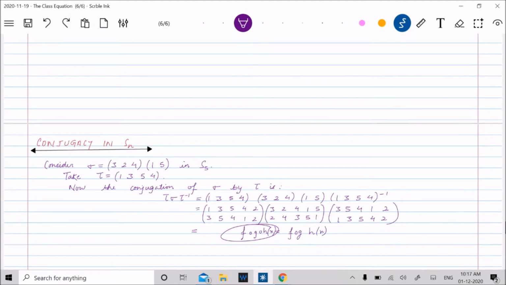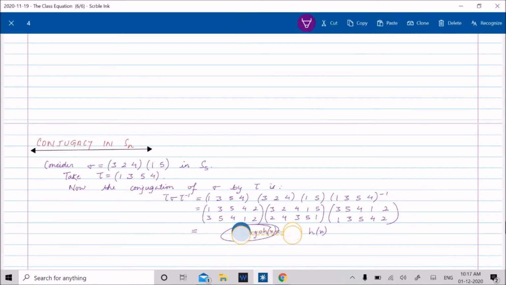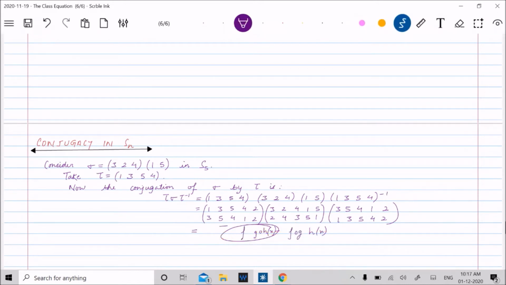This permutation should be the first permutation which is acting on some element of that set, whatever domain you are taking, right? So I will multiply these permutations from right to left, and this is called a standard convention actually.